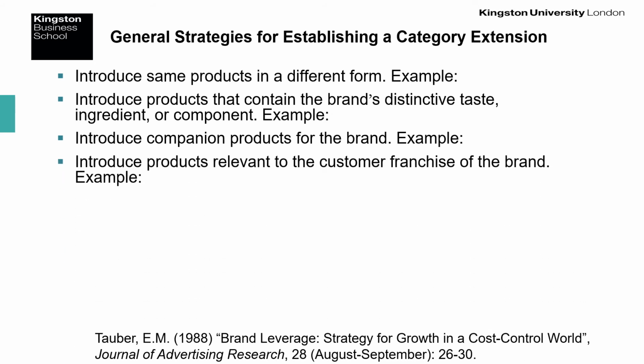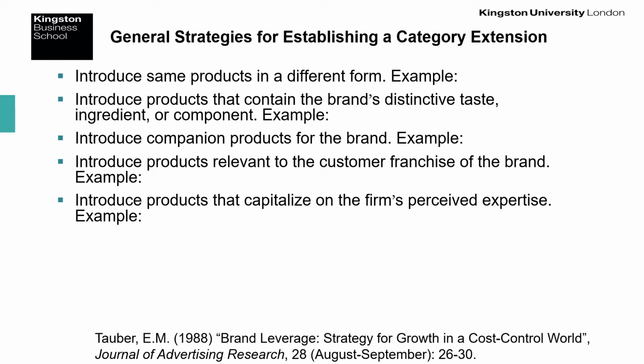Next, Tauber said you could introduce products that were relevant to the brand's customer base, what he called the customer franchise of the brand. Products in a different product category that would be appealing to the brand's existing customers, that would give them something else that was relevant and meaningful for them.